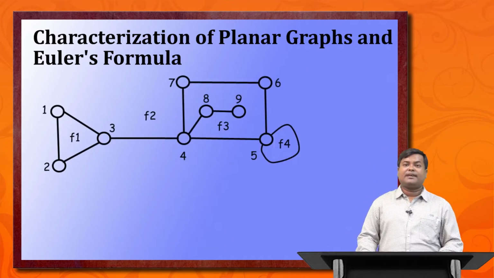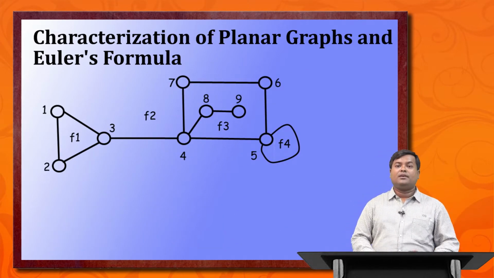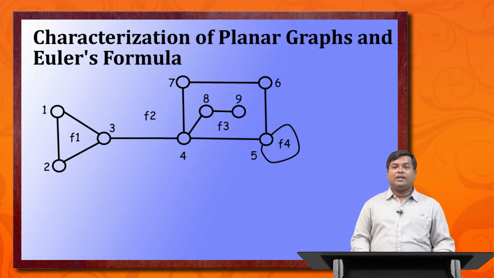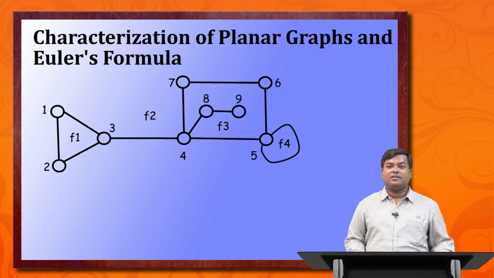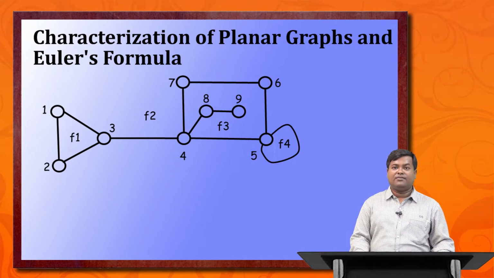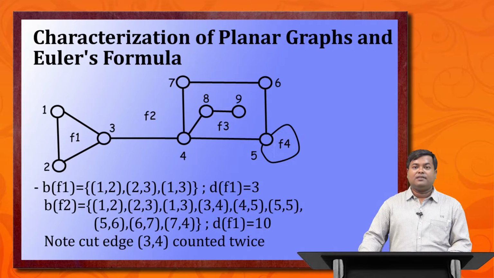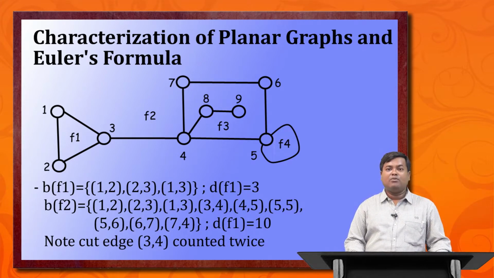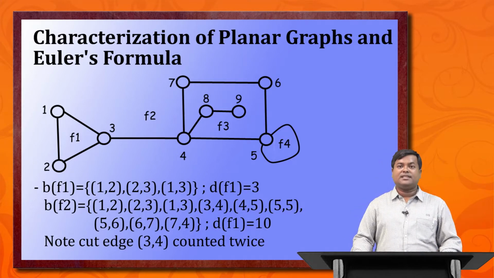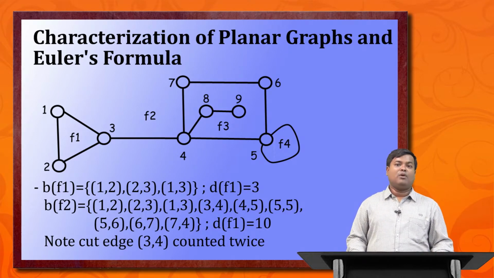This is a particular graph where we have vertices 1, 2, 3, 4, 5, 6, 7 and also several faces, F1, F2, F3, F4, etc. Now we need to calculate the boundary of F1. As per the definition, the boundary of F1 is the set of edges 1-2, 2-3 and 1-3, which are the edges inside the boundary of F1.